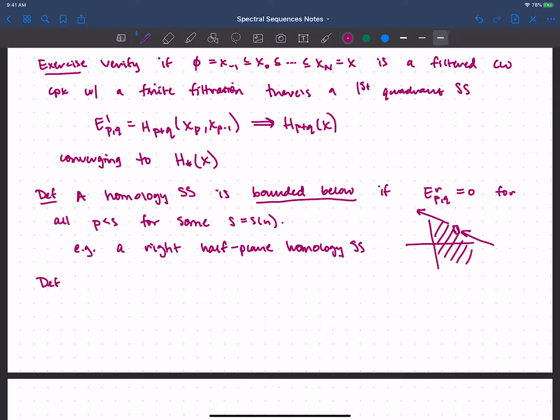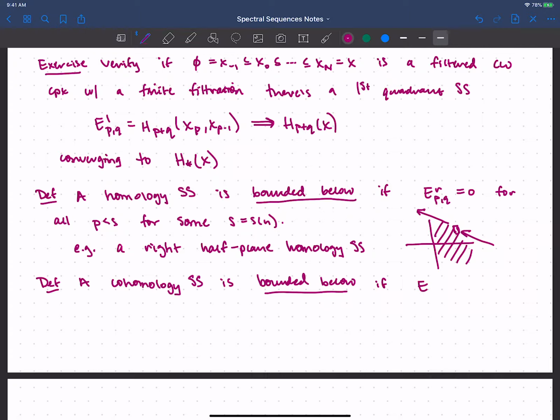But similarly, I could talk about a cohomology spectral sequence being bounded below. And here's really why I'm writing it, because you might think bounded above or something like that. No, I still want to say bounded below. And how do I want to change this?